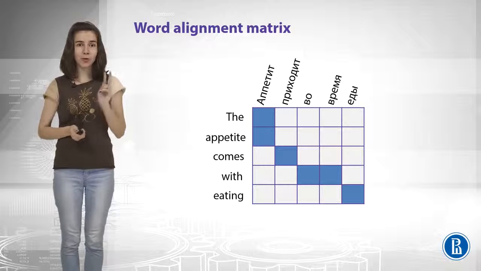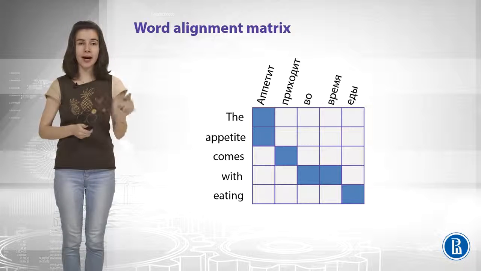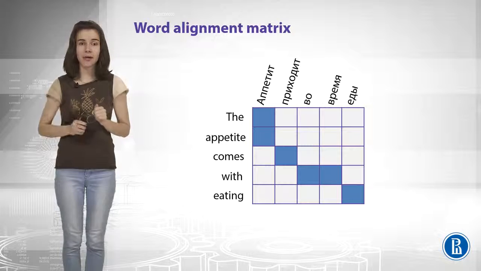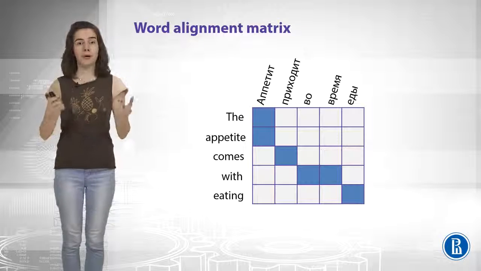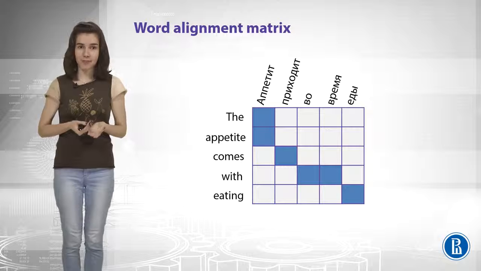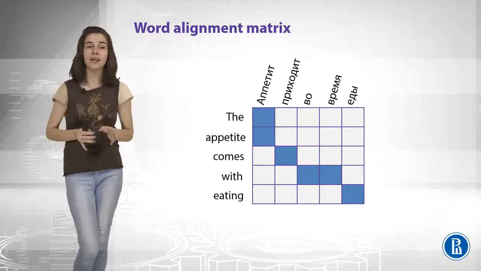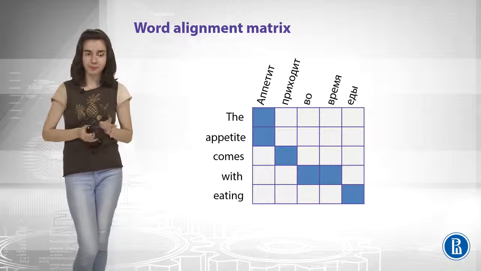So imagine you have two options in every element of the matrix, and then you have the size of the matrix, which is I multiplied by J. So the number of possible matrices would be 2 to the power of the size of the matrix. And that's a lot. So let us do some constraints, some simplifications to deal with this.